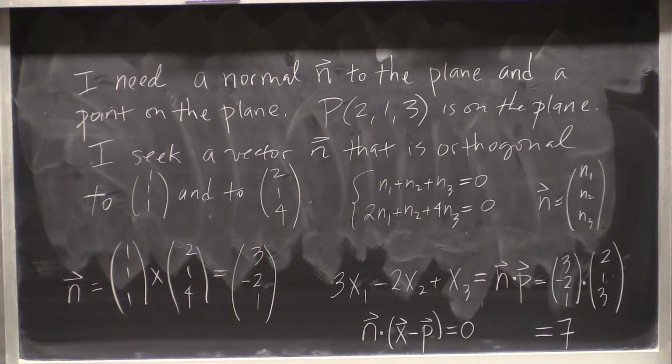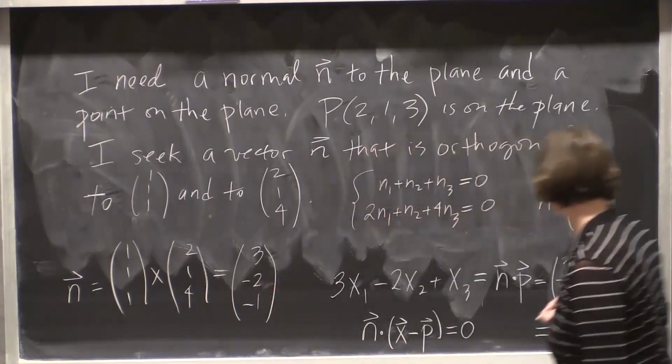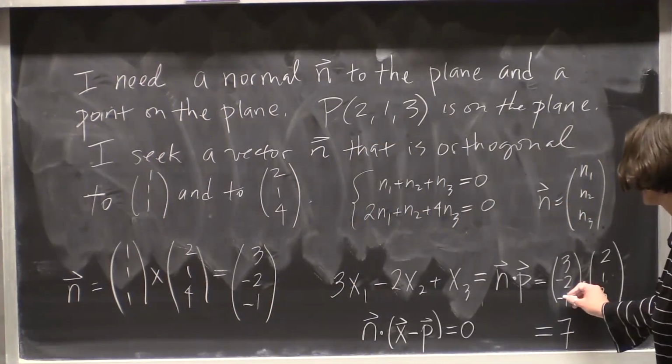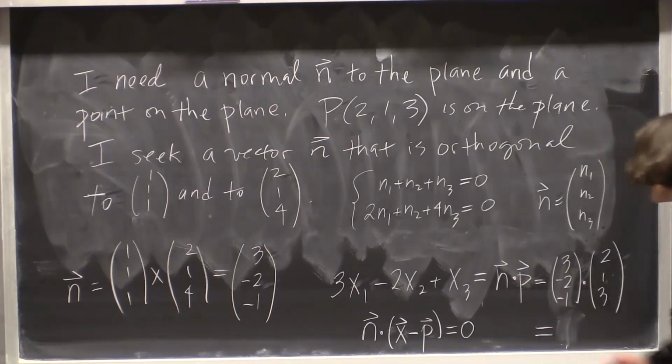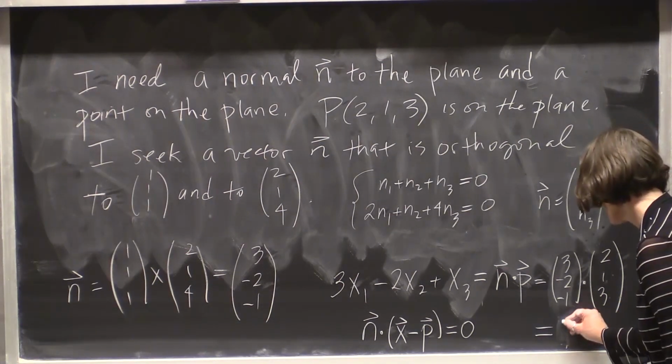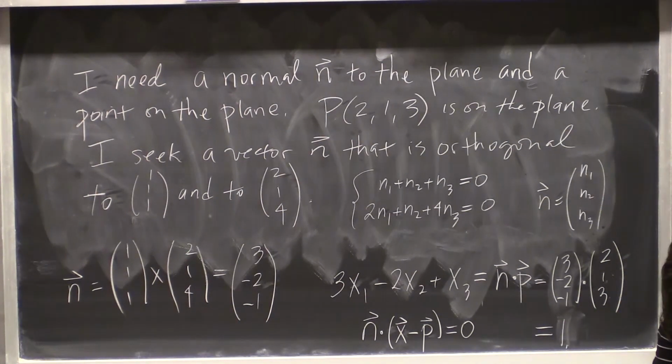Okay. This is the normal vector, (3, -2, -1). And now we compute the dot product, and we get 6 minus 5 is 1, which is what I have in my notes.